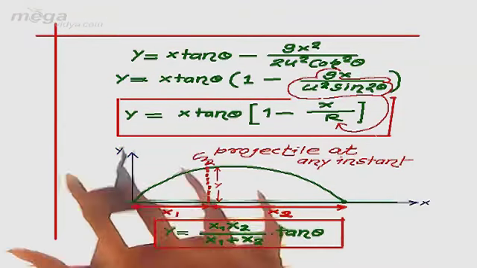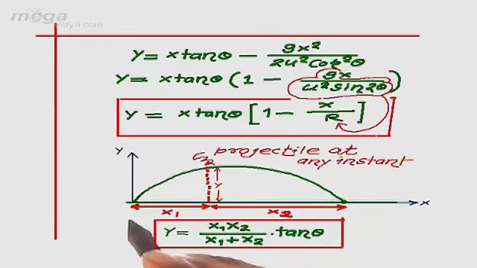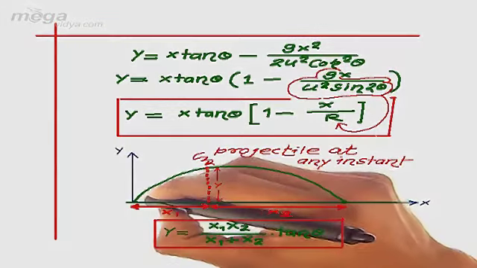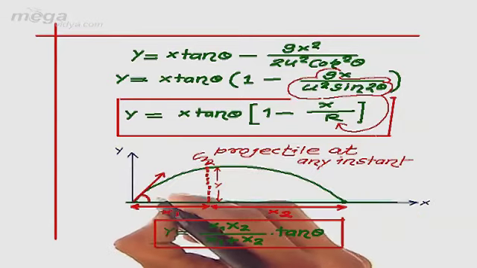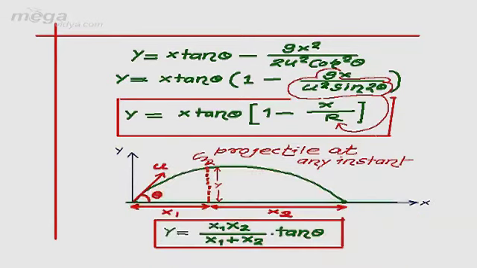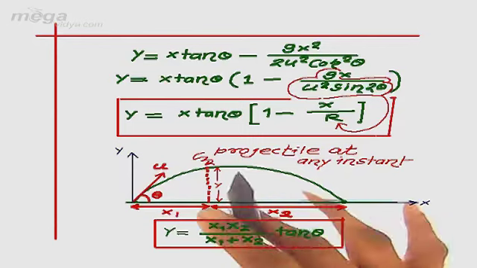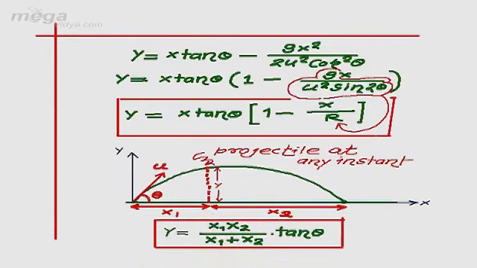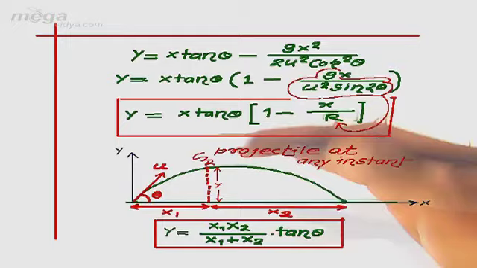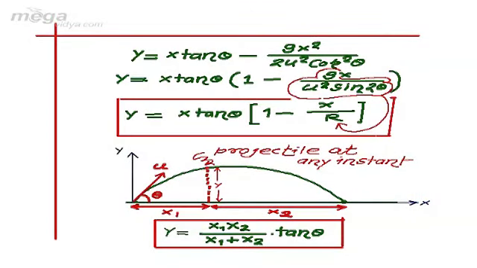Here the projectile has been thrown at angle of projection theta with certain velocity u. Then at any instant the projectile's height y can be written in terms of its x position relative to the point of projection as x1 and with respect to the point of landing as x2. Then the above equation of trajectory reduces to its new form y equal to x1 x2 upon x1 plus x2 times tan theta.